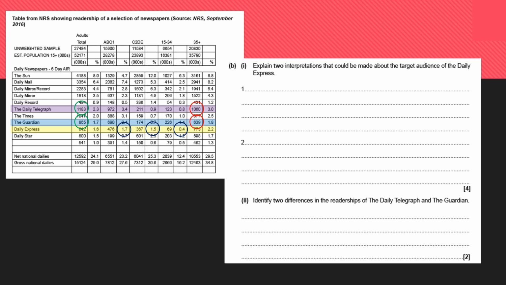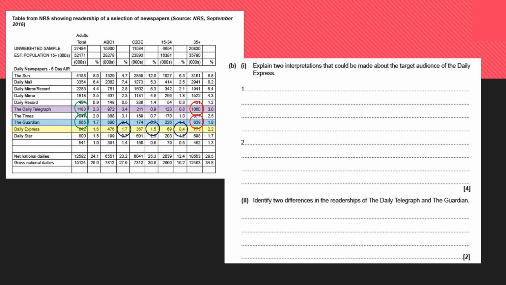Explain two interpretations that could be made about the target audience of the Daily Express. So I've highlighted the Daily Express in yellow. Two interpretations, it just wants you to be able to look at the numbers and try and make some sort of sensible point. So in other words, we look at ABC1 and C2DE.